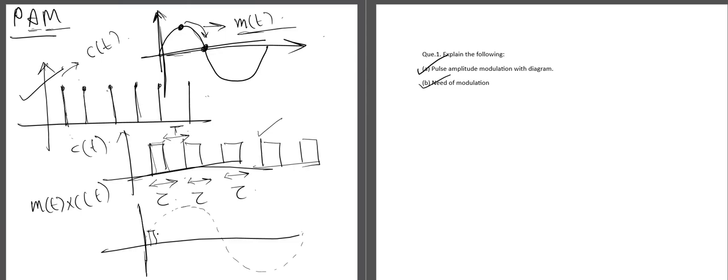This is the first pulse, this is the second pulse, this is the third pulse, this is the next pulse, and so on. The first pulse has a minimum amplitude, because the message signal amplitude at this point was minimum. This pulse has a maximum amplitude, because the message signal amplitude at this point was maximum.